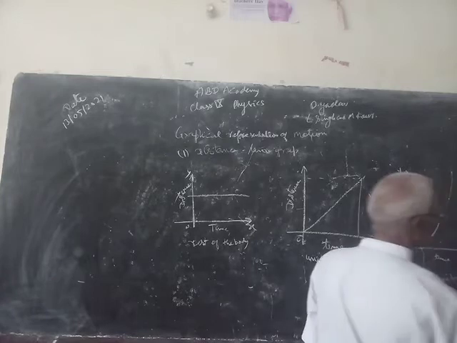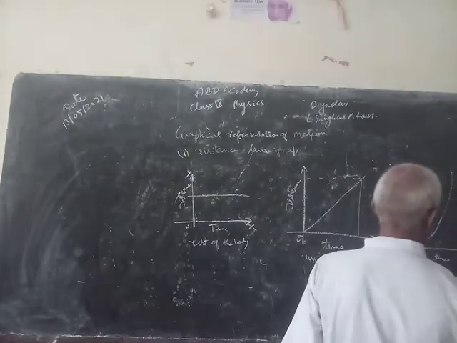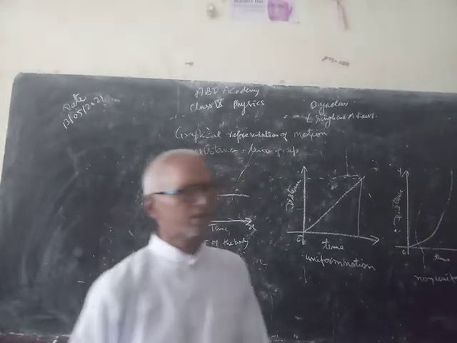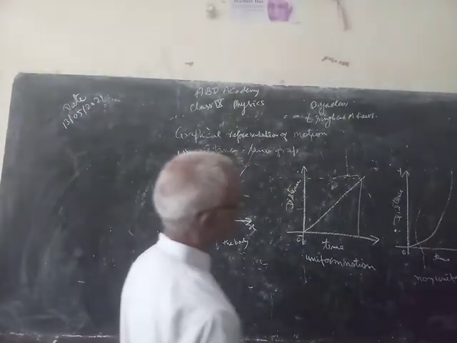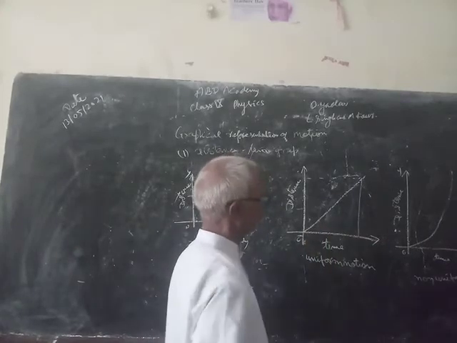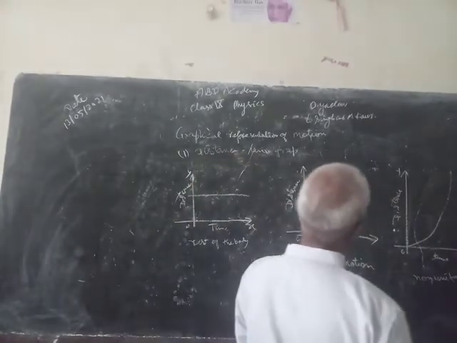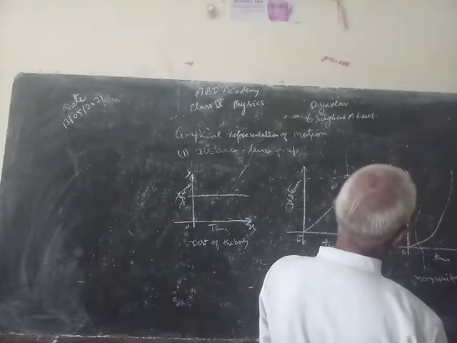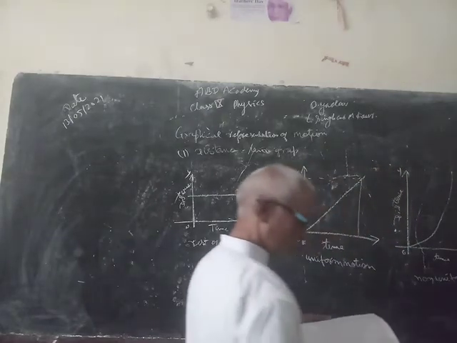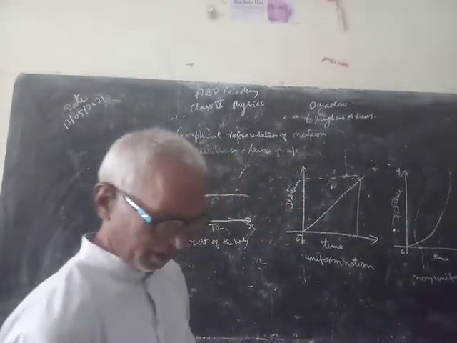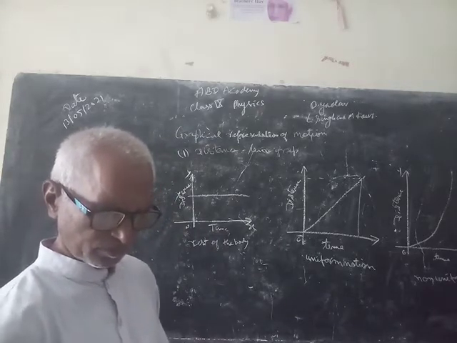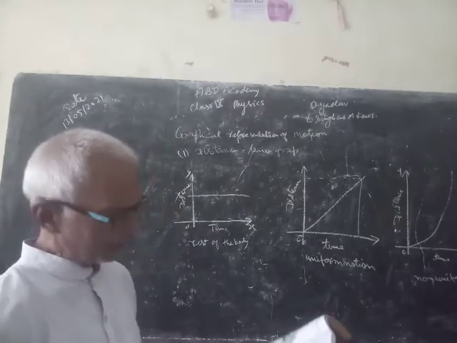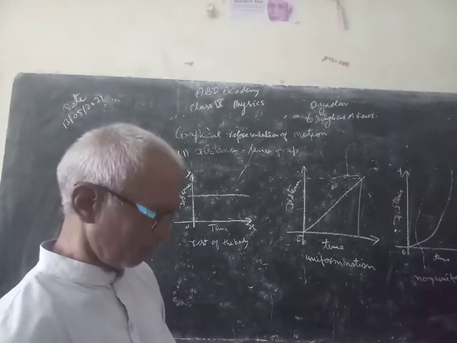This way, motion can be represented by a straight line parallel to the x-axis, by a straight line which shows that as time increases, distance also increases, or by a curved line which shows non-uniform motion. Then that is the distance-time graph.